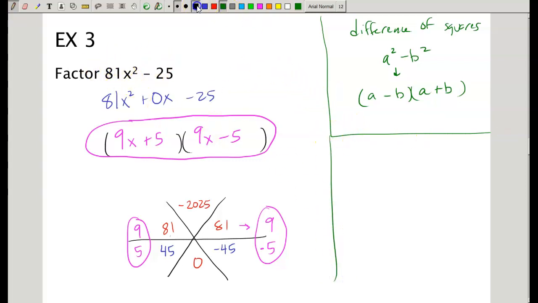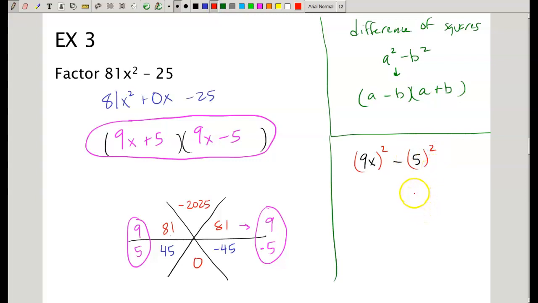if we treated this as the difference of two squares, you can see that the first term is 81x squared. Well, you can take a square root of that. It's a perfect square, meaning 81x squared could be written as 9x squared, because 9x times 9x is exactly 81x squared. And then you take minus, and 25 is a perfect square as well, and it is 5 squared.